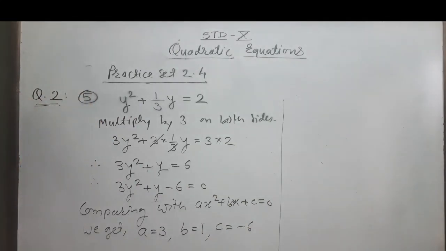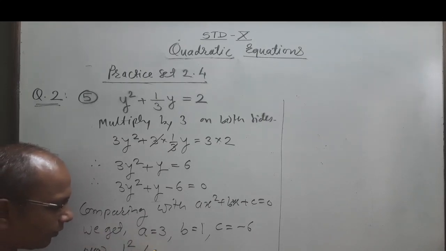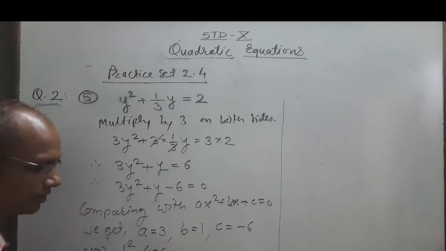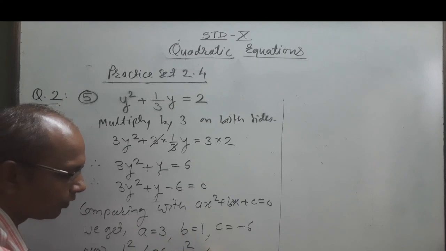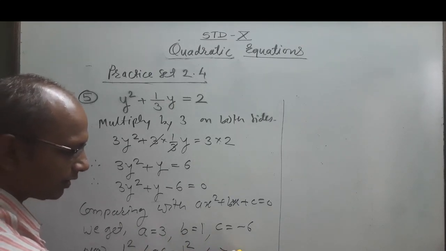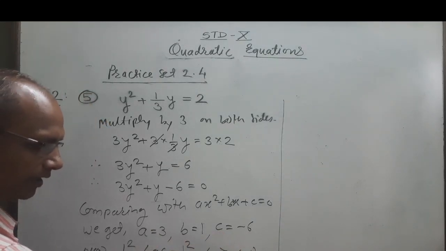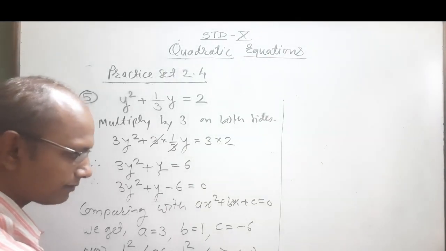After getting the values of a, b, c, what do we find? We now try to find the value of b square minus 4ac, that is equals to b square, b is 1, so 1 square, minus 4 into a is 3, into c, that is minus 6, written in a bracket because of the minus sign.